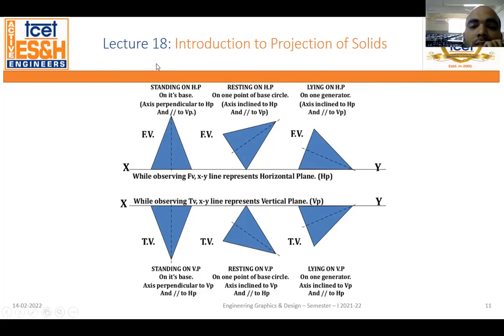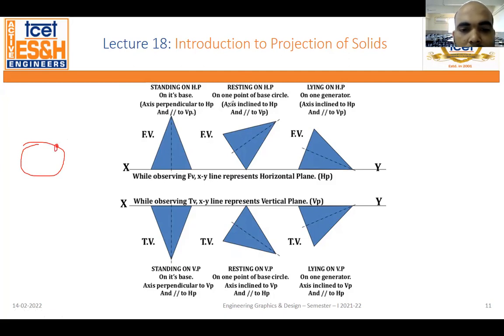Next is resting on HP on one of its base circle. Considering it to be a cone, it will be resting on HP. There is no such corner; they are talking about one point on the base circle. The base circle is a circle, and any one point of it is lying on HP.